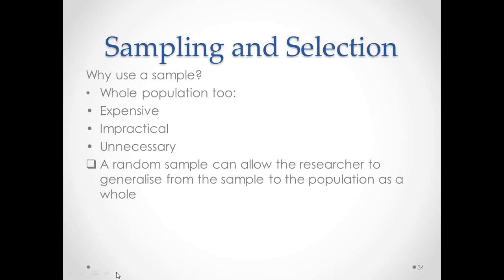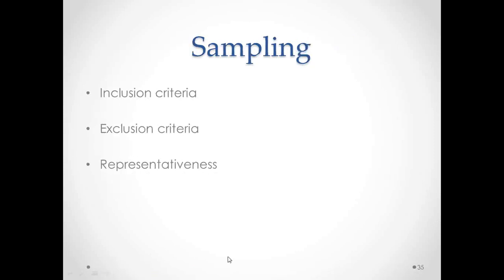So we can use a randomized sampling procedure. When we're sampling, we have to think about inclusion criteria and exclusion criteria, to ensure that our sample is representative of the population that we're looking at. So if you want to look at people who suffer from indigestion, that's too big. You might want to look at men who suffer from indigestion between the ages of 25 and 40.